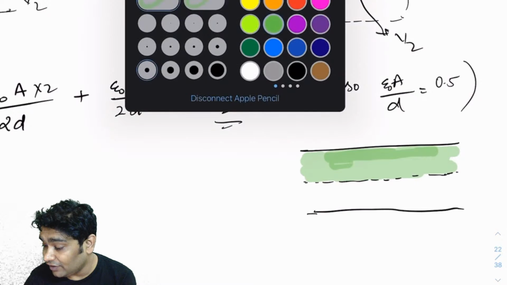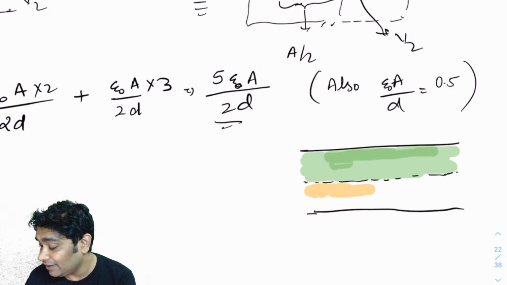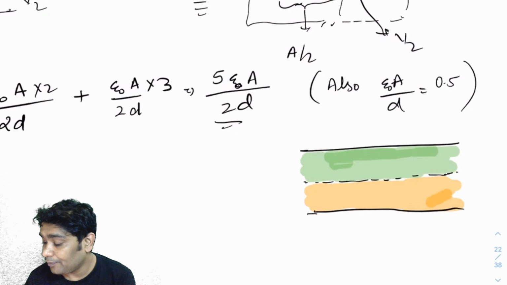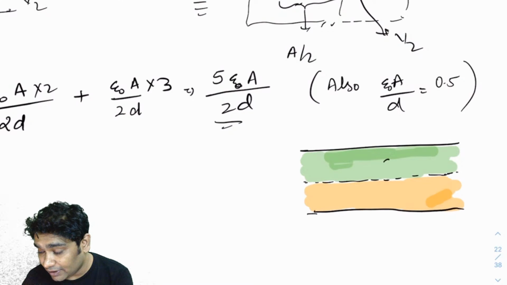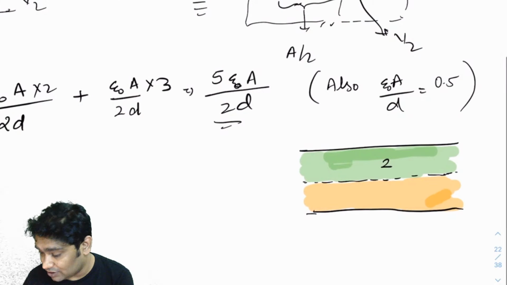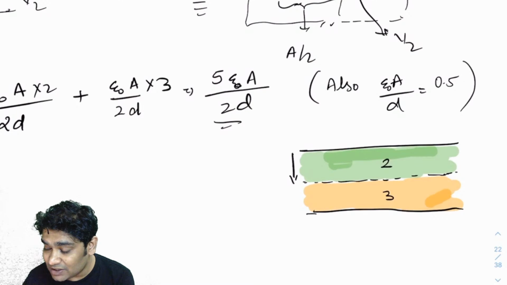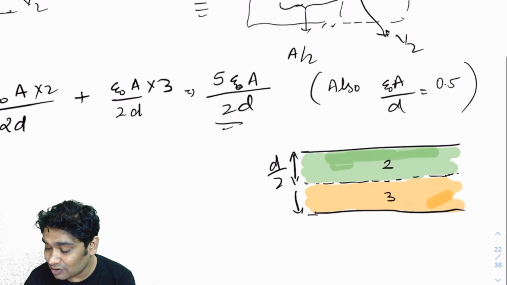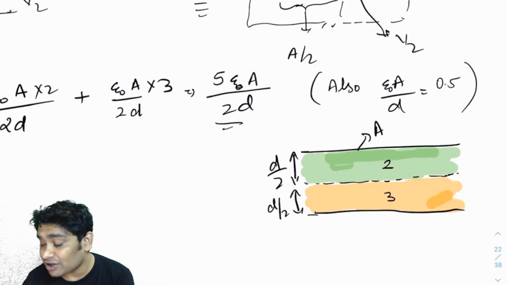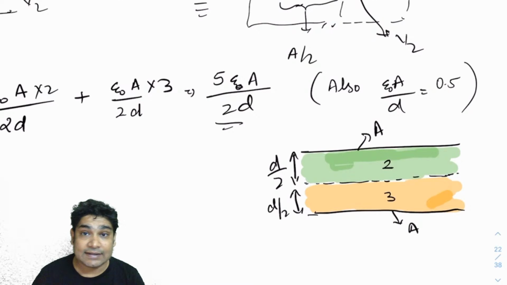The lower half is filled with dielectric of dielectric constant 3. Alright. So here you have dielectric constant 2, here you have dielectric constant 3. This becomes d by 2, this also d by 2. The area of cross section for both the dielectrics would remain A. Alright, so please remember this.